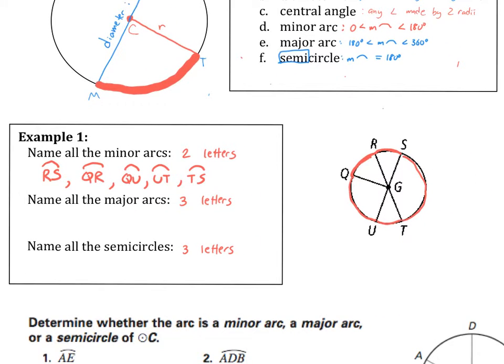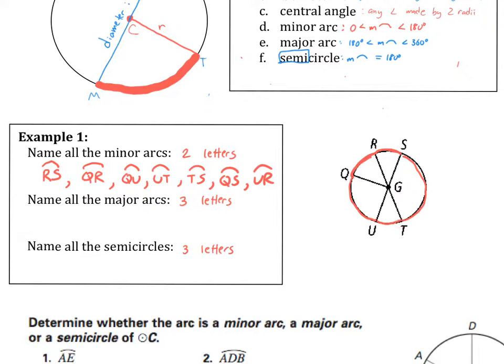Other options here: I could go from Q to S, and that would still be minor. So we have to think about overlapping as well. Not just QS, but I could have gone U to R as well.